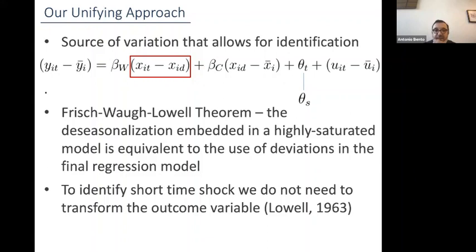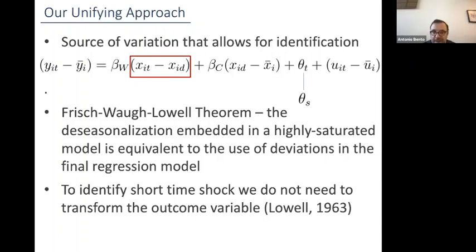Note that this is possible precisely because of the properties of the Frisch-Waugh-Lovell theorem. And the idea here, I'm not the greatest econometrician on earth, so I'm going to try to explain this as best as I can. But the idea is how you think of the level of saturation in the model. So the demeaning here embedded is basically equivalent to the use of deviations in your final regression model.